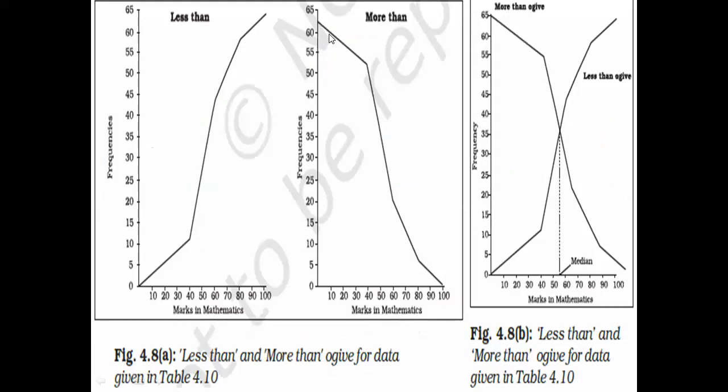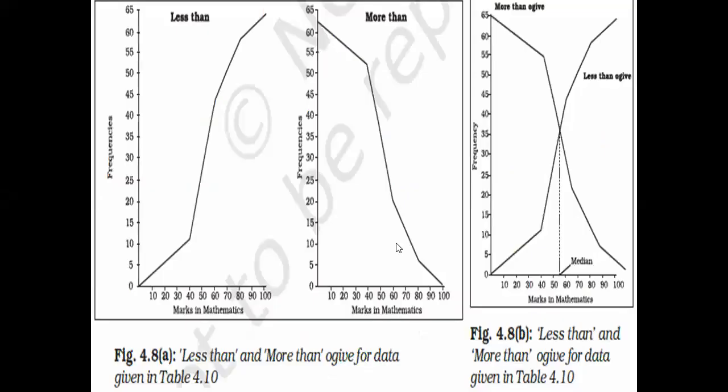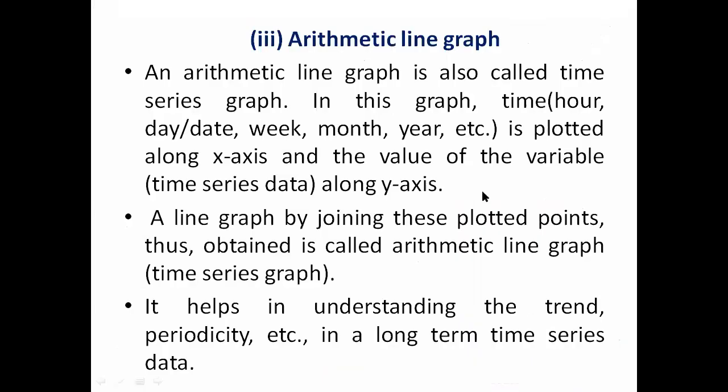Then more than 40, more than 80, 6 members it is coming here, you can see. Afterwards we are going to join these two here. So it will reflect both the less than ogive and more than ogive for the data given in table number 4.10.